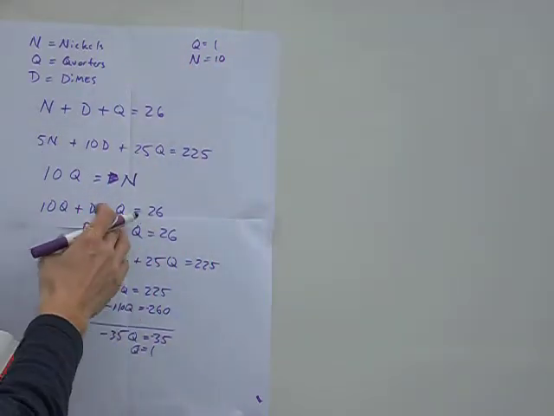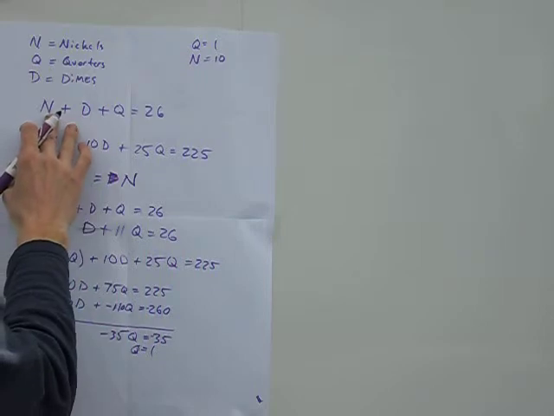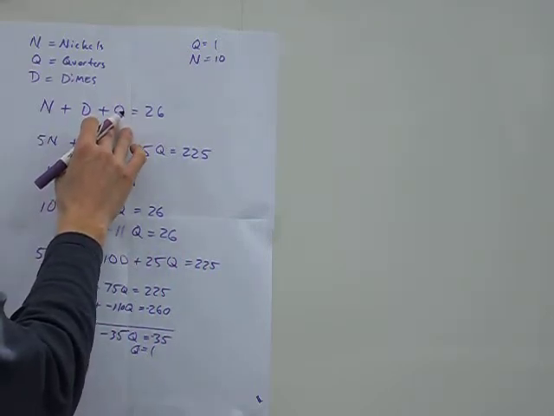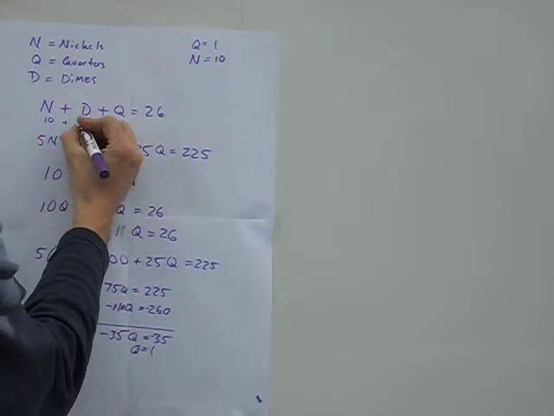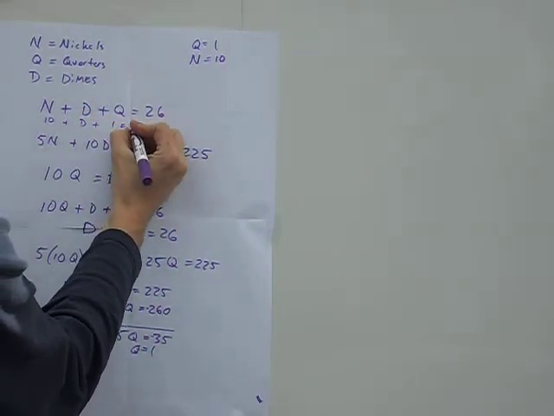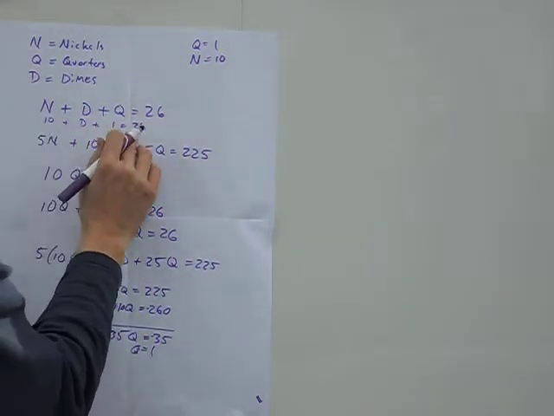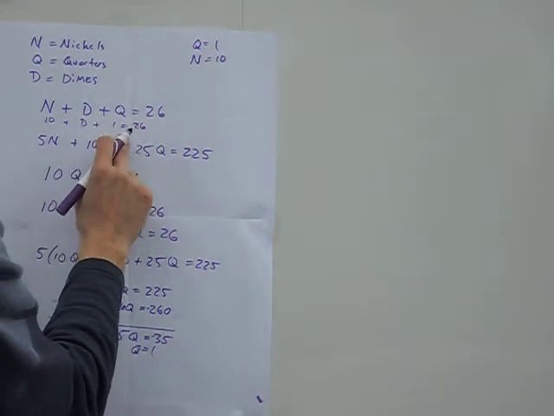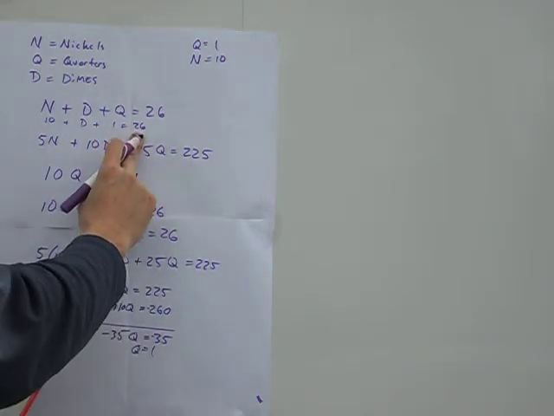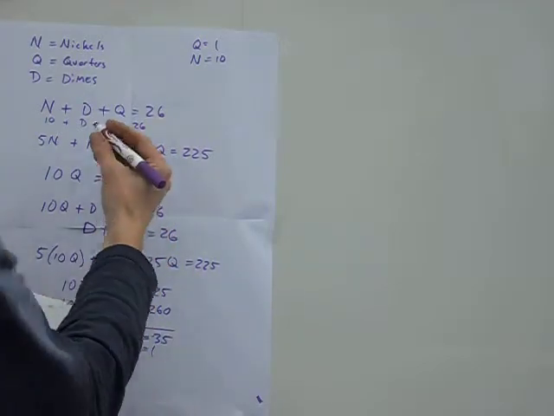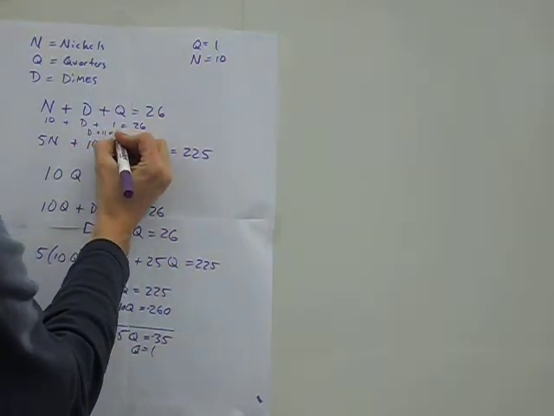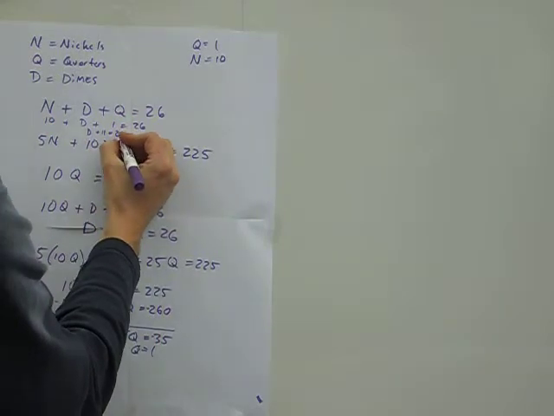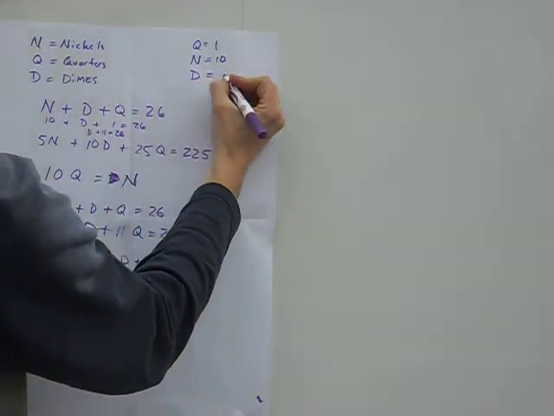And then we have the final thing, which would be right here. We've got 10 plus d plus 1 is equal to 26, or 11. Sorry, I'm kind of jumping forward here, so maybe finish this out. We got d plus 11 is equal to 26. So therefore, d is 15.